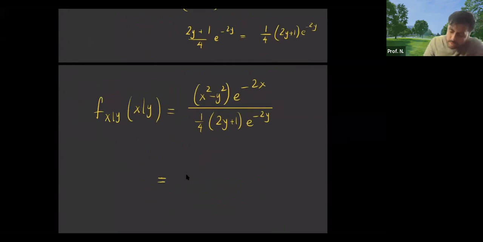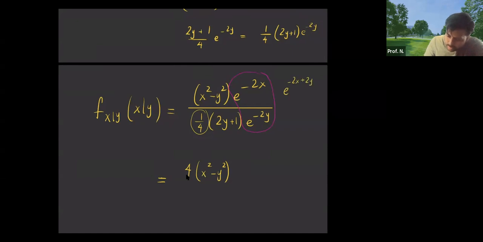To make it more clean, this 1/4, I can put in the numerator by making this a 4. This is x squared minus y squared. Now we have the same base here, so we subtract, right? So this becomes e to negative 2x plus 2y.